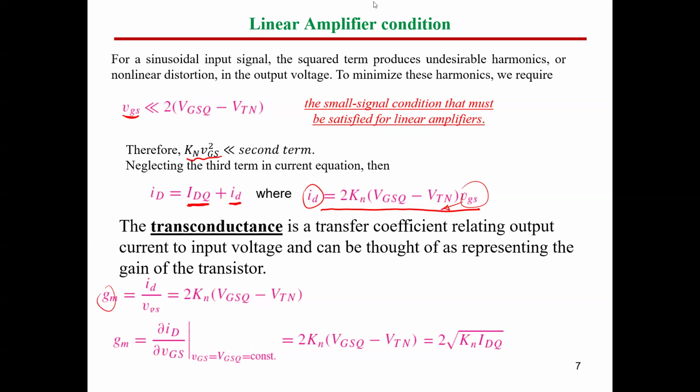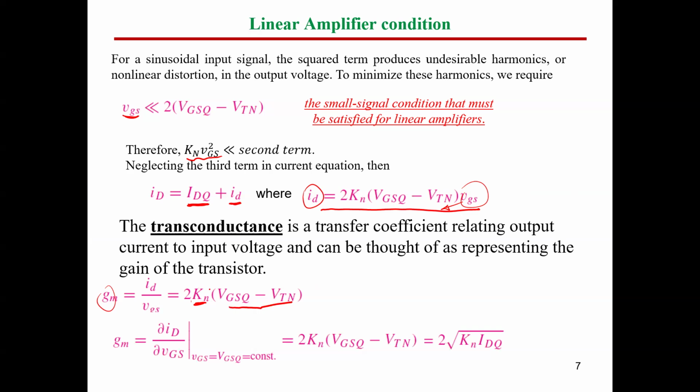This means, guys, that the transconductance depends on Kn and the difference between VGSQ and VTN. So it mainly depends on DC values and the conduction factor. So this is called the transconductance.